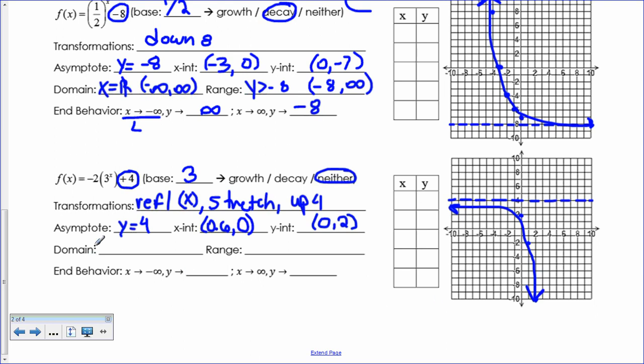All right, domain really quickly is all real numbers, just like usual. Both notations. For the range, again, you want to think what's the lowest value, because we always read a graph from the bottom up. What's the lowest value, and then what's the highest value? My arrow here indicates that my graph is going to negative infinity. So my lowest value is actually negative infinity, and I'm rising to get to the horizontal asymptote.